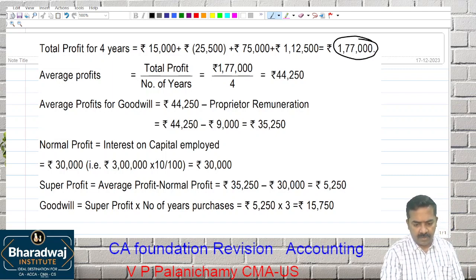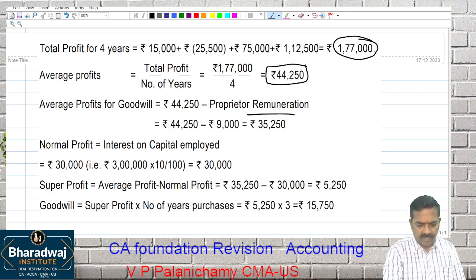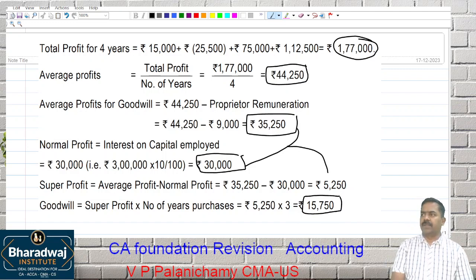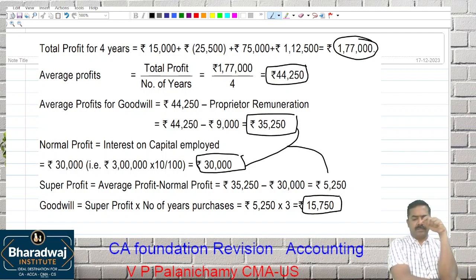Sorry, 1,77,000 divided by 4, 44,250 minus the fair remuneration will give us profit for goodwill. Normal profit is how much? 30,000. Difference will give us super profit. That into how many years purchase? 3 years purchase will give us goodwill.